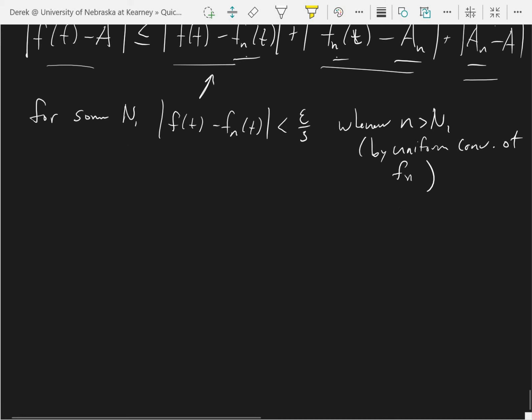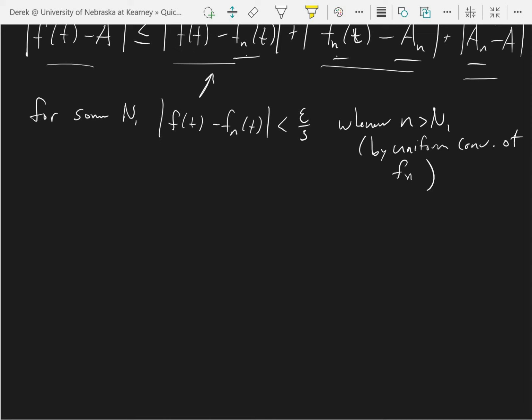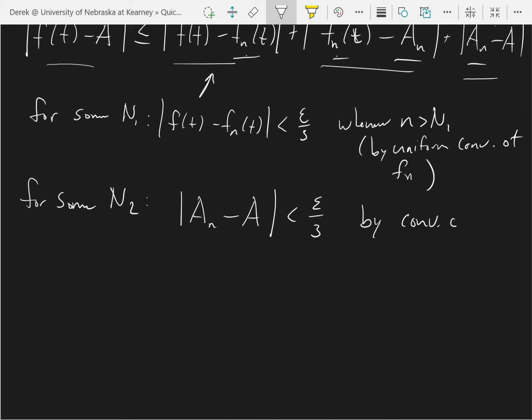We can also choose some other n2 such that for n bigger than n2, the absolute value of a sub n minus a is less than epsilon over 3 by convergence of a sub n to a. That's just sequence real number convergence.